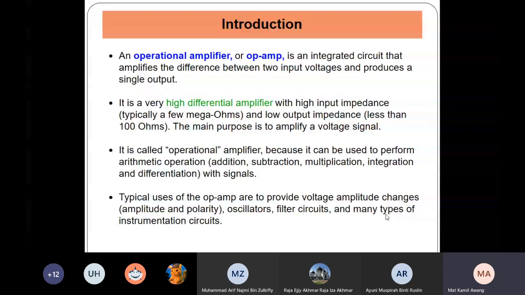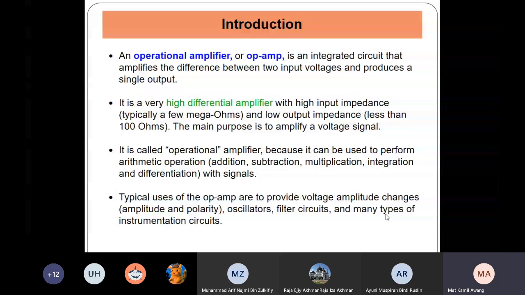So it is a very high gain differential amplifier with high input impedance, typically a few mega ohms, so high input resistance, and low output impedance, which is less than 100 ohms. The main purpose is to amplify the voltage signal, that's why it is called an amplifier.